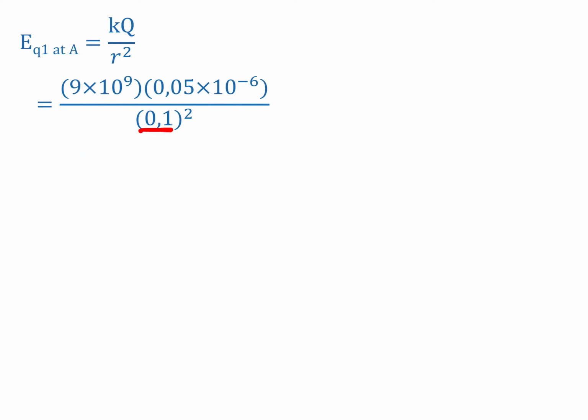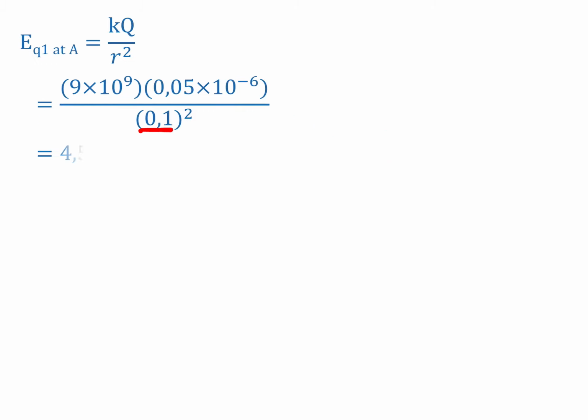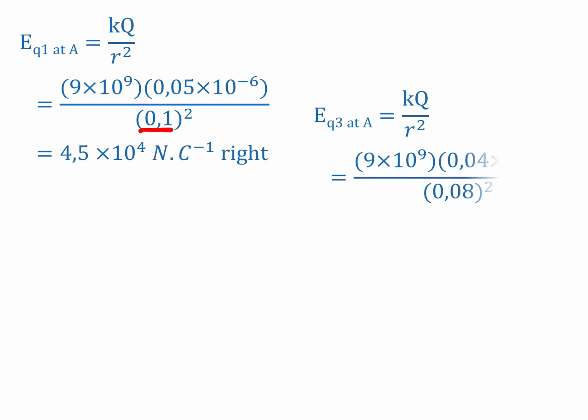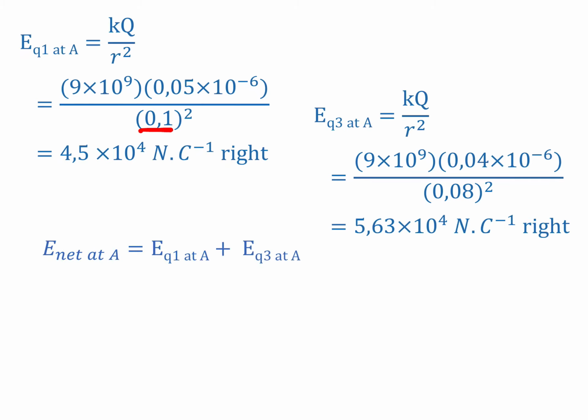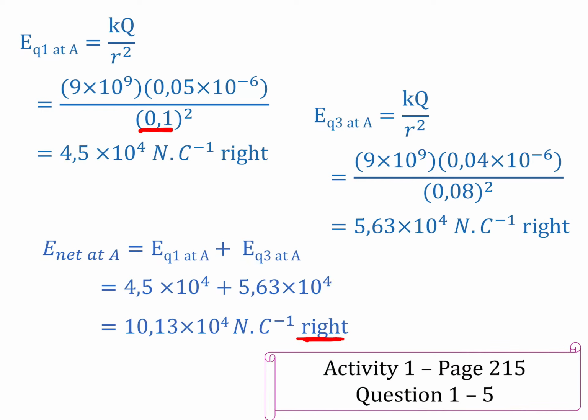This 0.1 is actually fairly straightforward because if you look at it, it's 100 millimeters, so that means that's 0.1 meters. This is 0.08 meters. Straightforward substitution. Now we do the same with Q3. It's also to the right, which then means we can add the two together, we don't have to subtract any. Don't forget direction at the end.